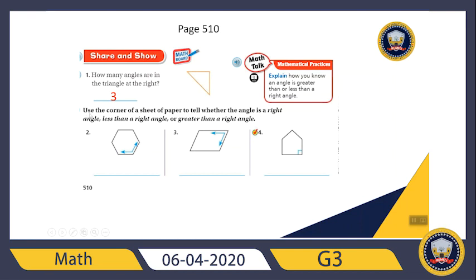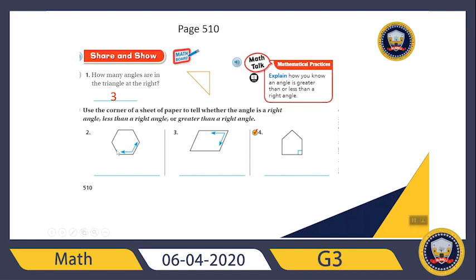Next, it says use the corner of a sheet of paper to tell whether the angle is a right angle, less than a right angle, or greater than a right angle.